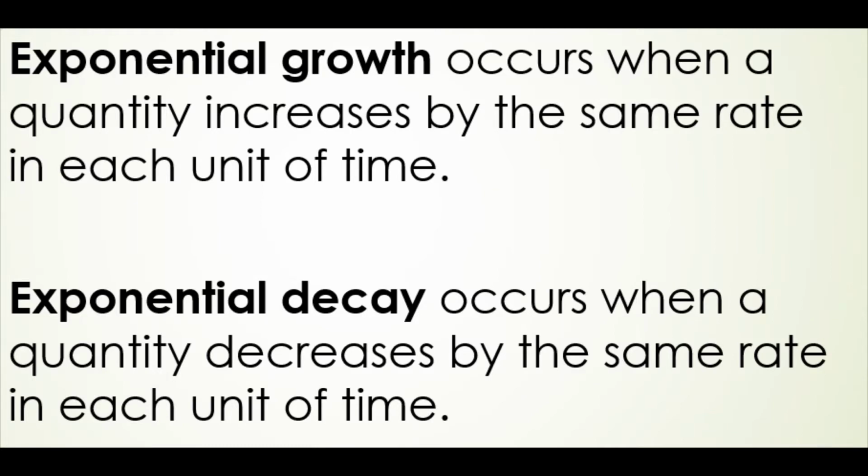But usually the value is going down by the same percentage each year. So say the value of your car is depreciating by 10% per year. It's going to lose a lot of value in that first year, and every year after that it's going to lose less and less of its value because it's decreasing by 10% of its value at the beginning of that time period.